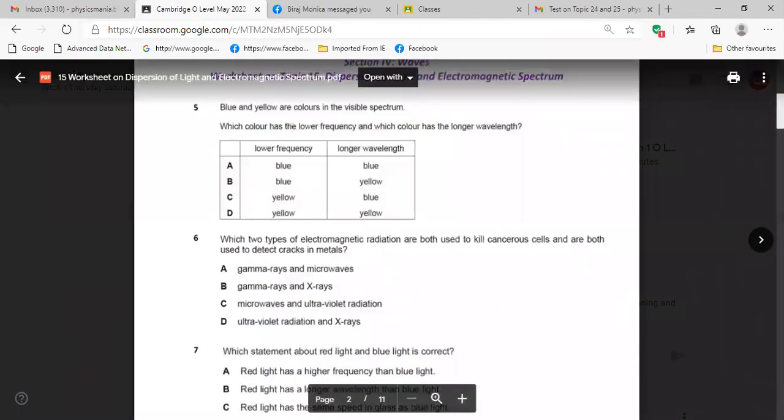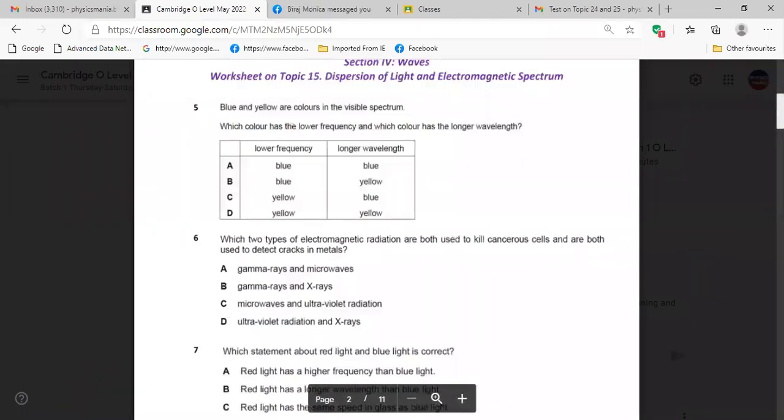You have the notes, right, Farabi? Yes, sir. In your notes it's written about the uses of all the electromagnetic waves, right?